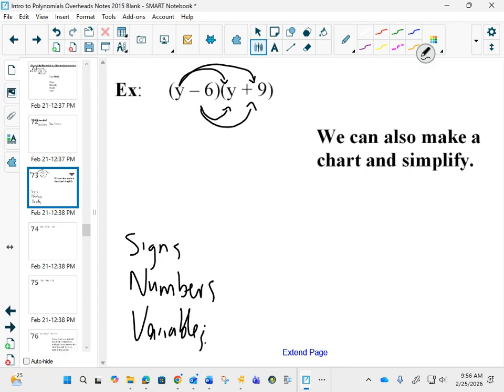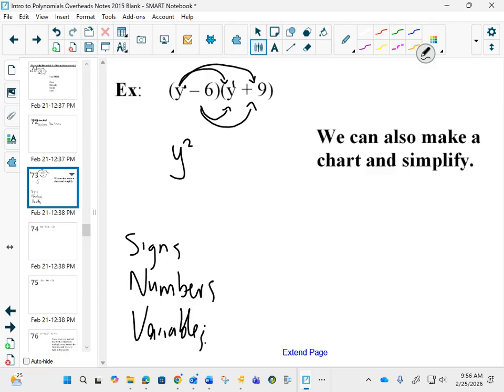What would y times y be then? y. But remember, there's an exponent here, and we got to think of our power laws. y squared. So it'd be y squared because when we multiply two things with the same base, we add the exponents. Do you remember that? So 1y times 1y would be y squared.